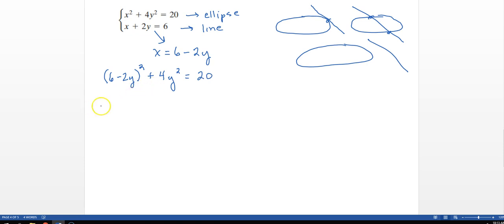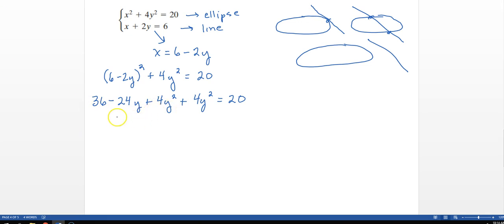And now simplifying the equation, I need to multiply 6 minus 2y times 6 minus 2y, which will give us 36 minus 24y plus 4y squared, and then plus 4y squared equals 20. So this is a quadratic equation, so let's simplify the result.